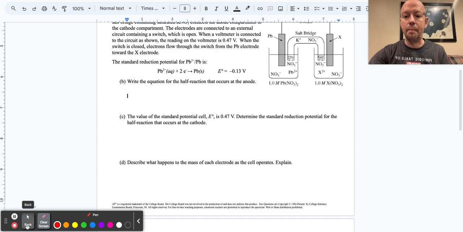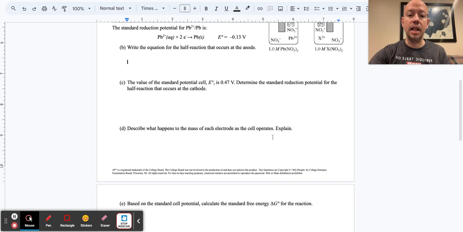When we are thinking about our electrodes right here, we can know that our cathode will get fatter. It gains mass, and the anode loses mass. You could either describe those as the cathode or the anode, or you could say the lead loses mass and the unknown element X gains mass.